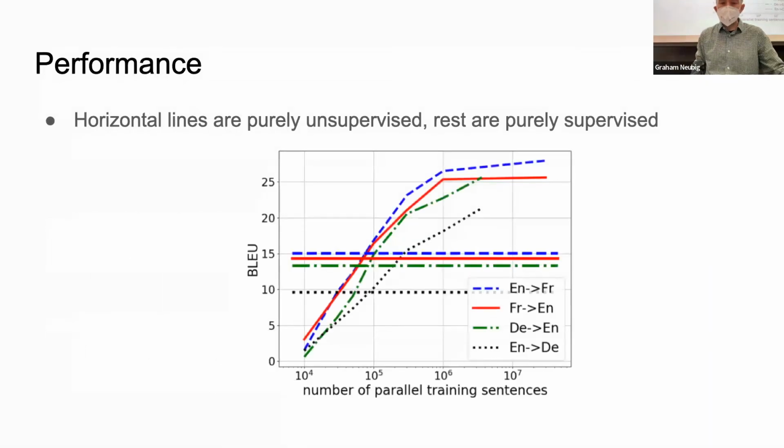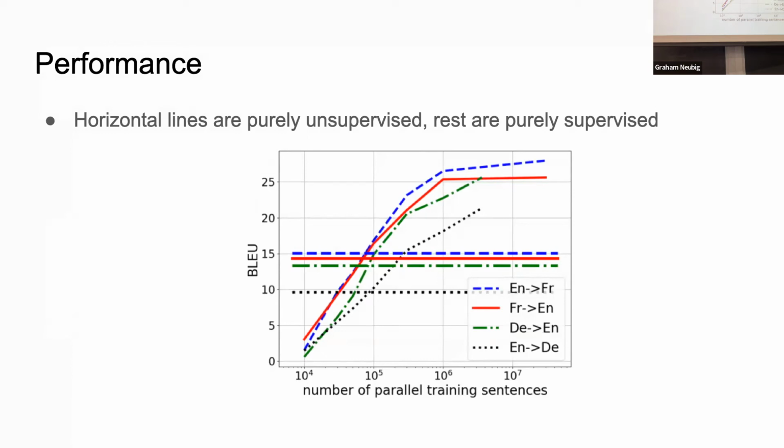So this is a graph from the original paper. I think there's a big caveat in this graph, so you need to be a little bit careful in interpreting it. But basically, the horizontal lines are an unsupervised translation model that uses lots of monolingual data, but no parallel data. The non-horizontal lines are the supervised translation model.